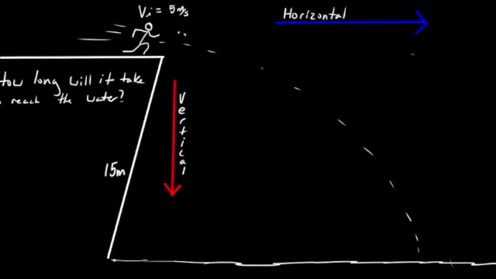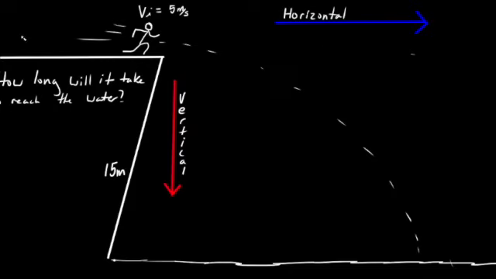He's simply a free-falling object. The horizontal motion of him running is not going to affect how fast he falls. He's still just a free-falling object no matter how fast he runs.